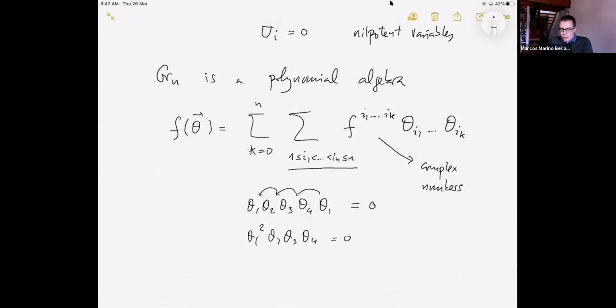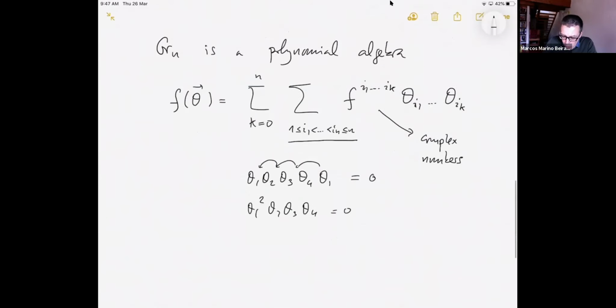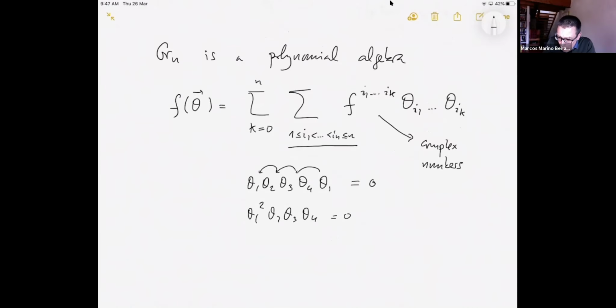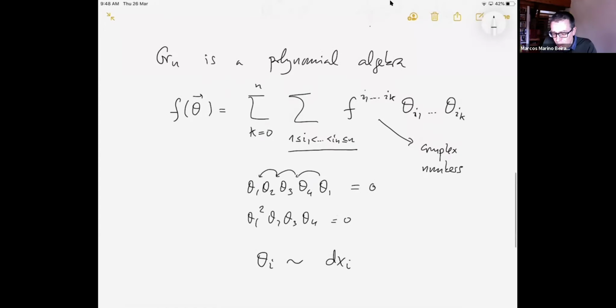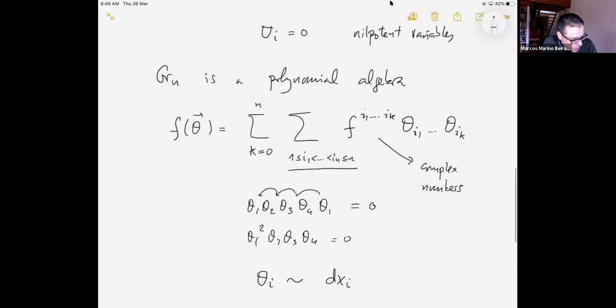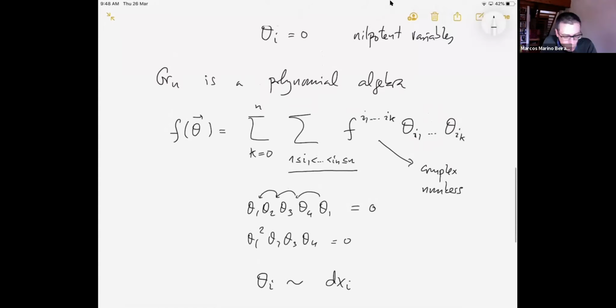For those of you who are familiar with differential forms, which I hope is all of you, the theta i's are very closely related to what you would call the xi's, and we will make this more precise later on. In particular, this means that the algebra you're used to when working with differential forms is essentially the algebra of Grassmann variables. Are there questions on this?